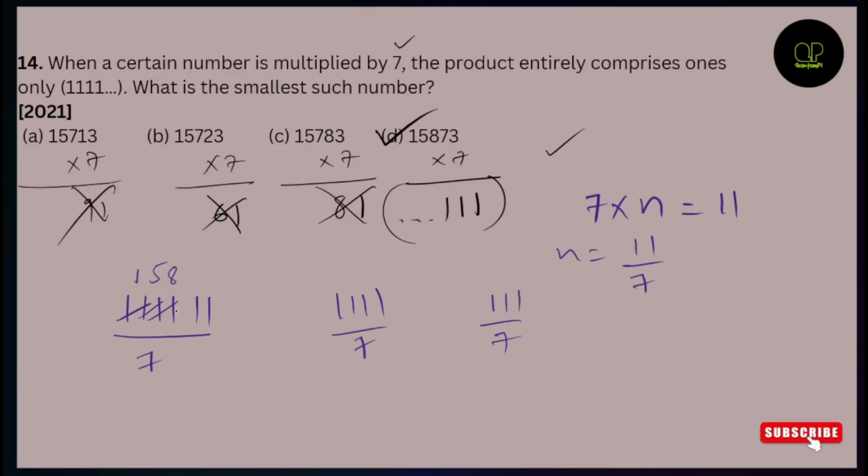So this is 61, right? So 51 again, 7 7s are 49, 21, 7 3s are 21. So it is 15873. So this is your answer. So either way, but going through the options is good as well. It's up to you, whatever you're comfortable with. Okay, next, let's move on to the next question.